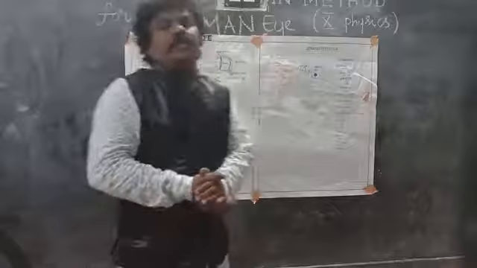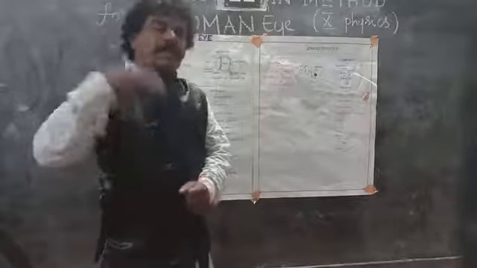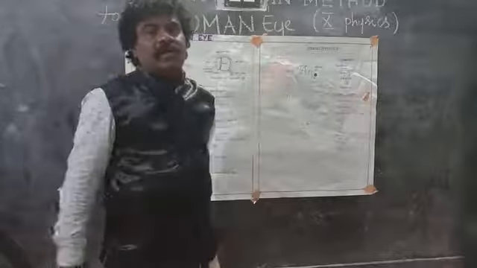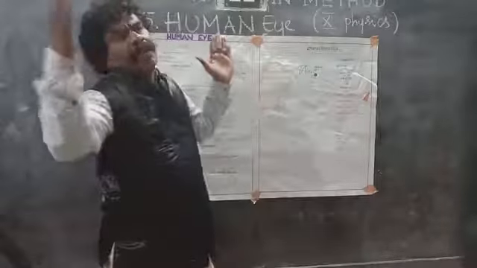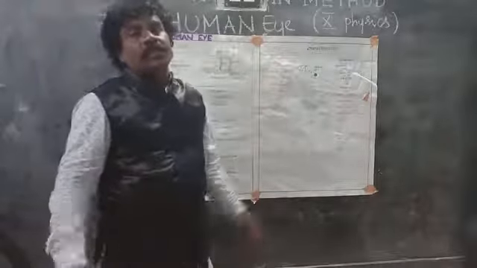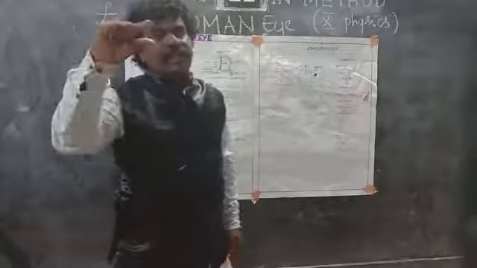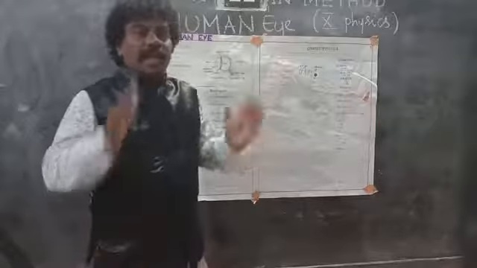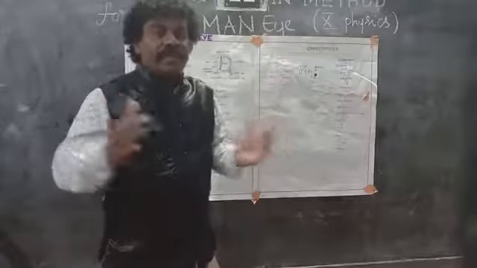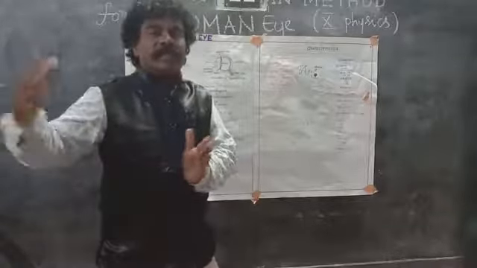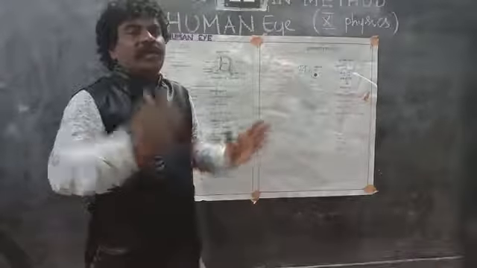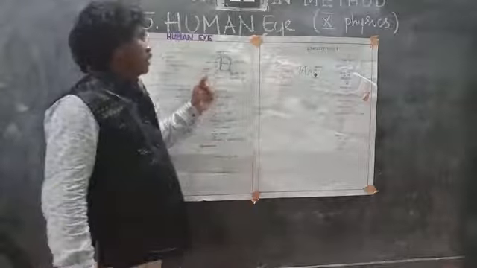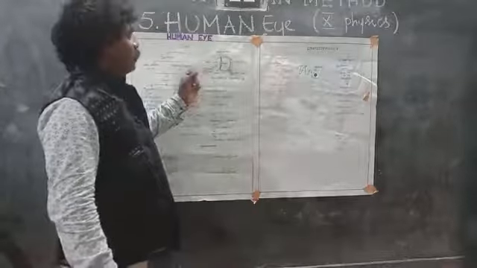It's 4 times bigger than the normal 70 mm screen of a cinema hall. Very big and very transparent images we can see there. IMAX: I means image, max means maximum. Image minimum, image maximum will be controlled by this aqueous humor.